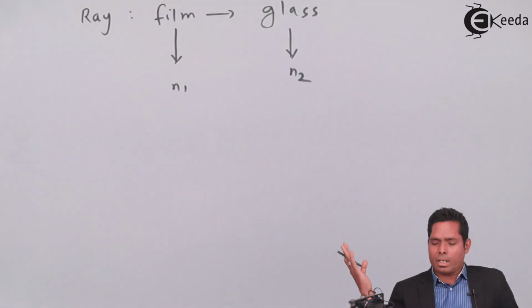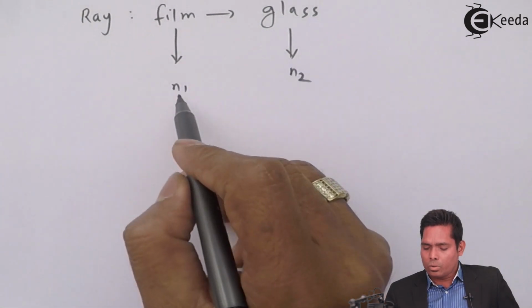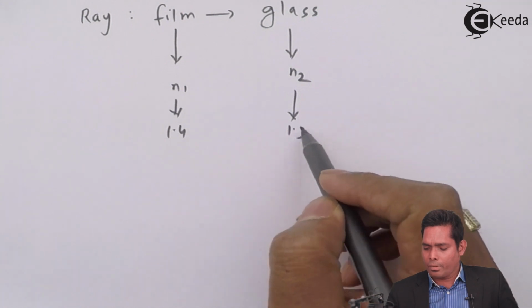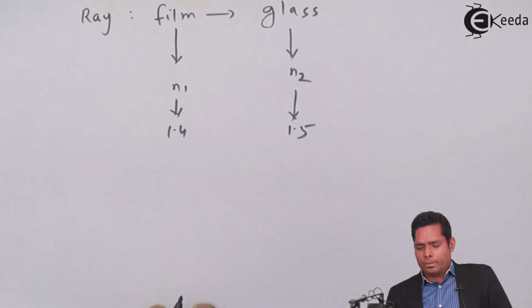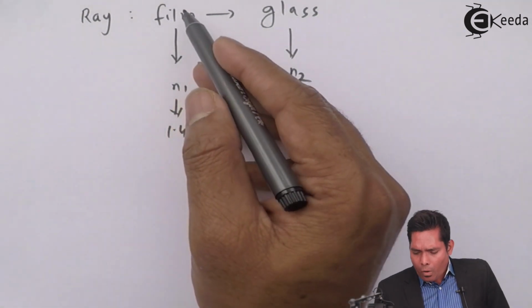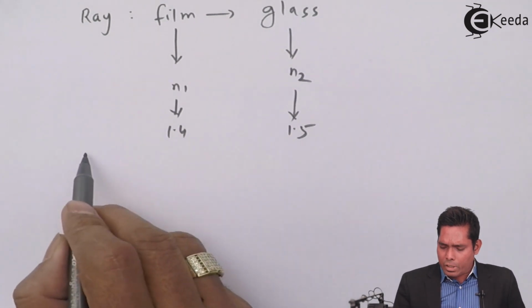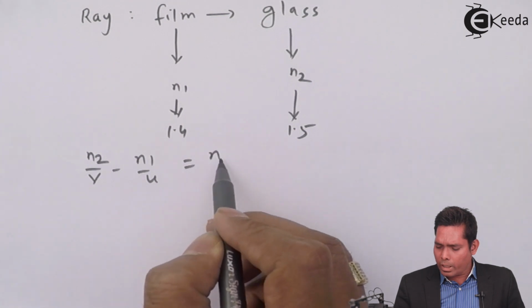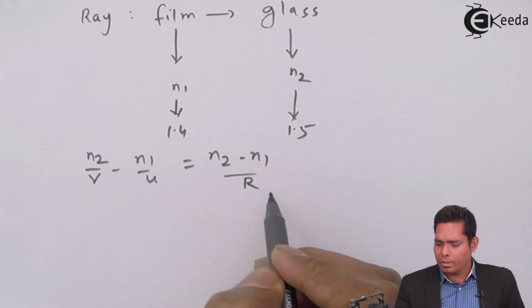From this medium to that medium, the 2 is N2. So here film is 1.4 and this one is 1.5. Now in this situation I will use the formula again, N2 by V minus N1 by U equals N2 minus N1 by R.